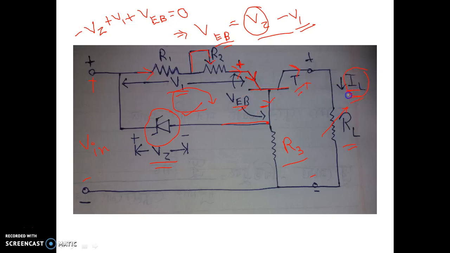So when the current wants to increase, VEB decreases in such a way that the current decreases and maintains its previous value. In this way, this circuit gives us a constant DC current as output with a varying load resistor RL. So this is called a current regulator circuit.